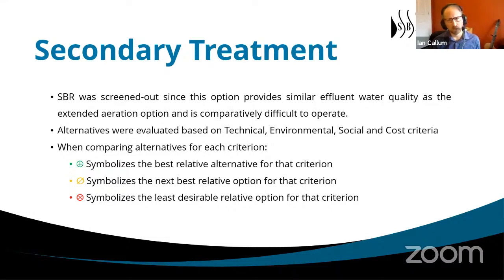For each of the options that we compared for secondary treatment, we looked at a whole bunch of different factors from technical, environmental, social, and cost criteria. And we weighted each of those categories equally, and then we compared them to come up with an overall preferred option.